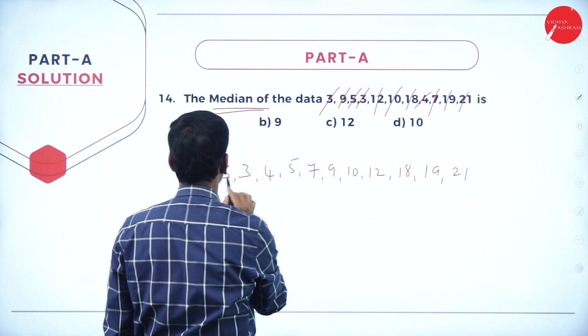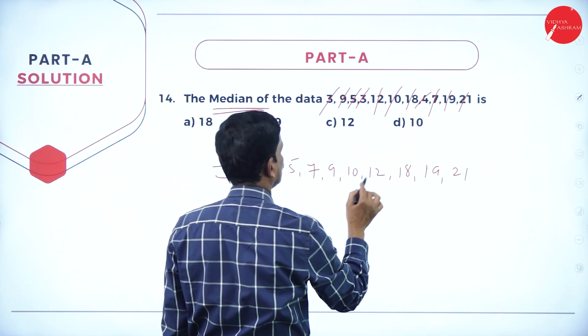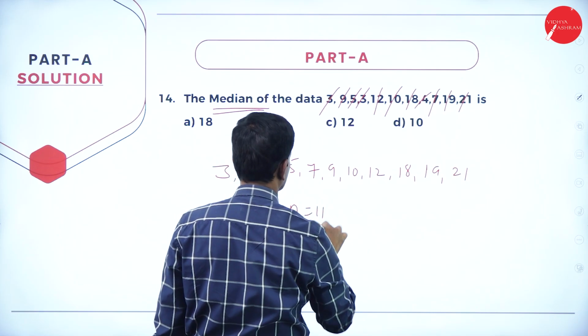How many are there? 1, 2, 3, 4, 5, 6, 7, 8, 9, 10, 11. N is equal to 11.